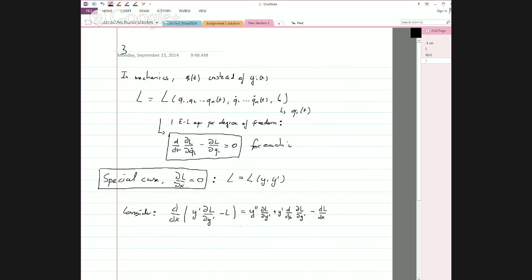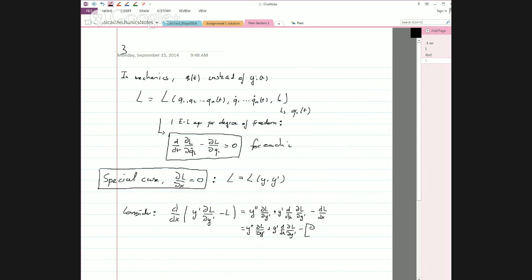So let's rewrite the first two terms and leave them as they are: y double prime ∂L by ∂y prime plus y prime d by dx of ∂L by ∂y prime. And let me expand the dL by dx in terms of partial derivatives.